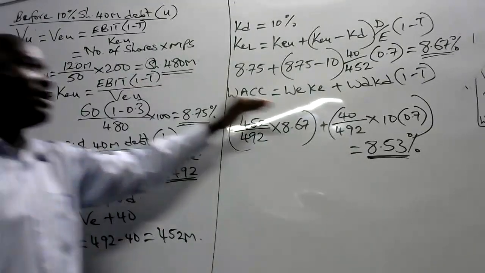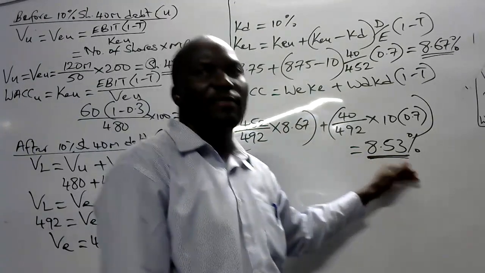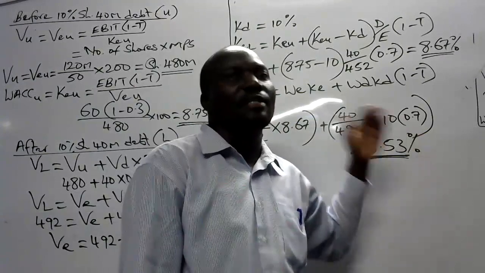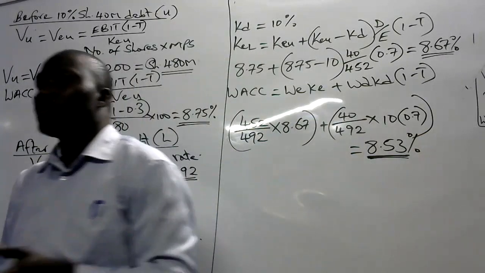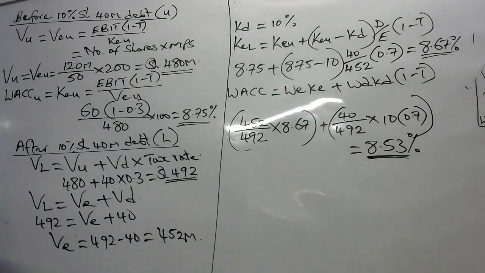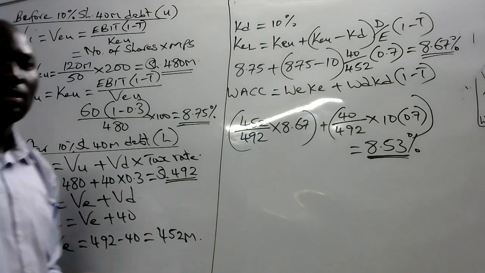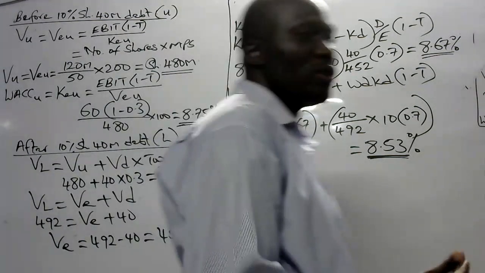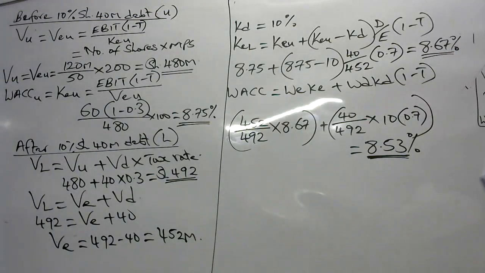When we bring in debt, the cost becomes 8.53. But then the students should understand the flow. Because if you bring in debt, the value of the unlevered farm should always be lower than the value of the levered. And the WACC of the unlevered farm should be higher than the WACC of the levered.